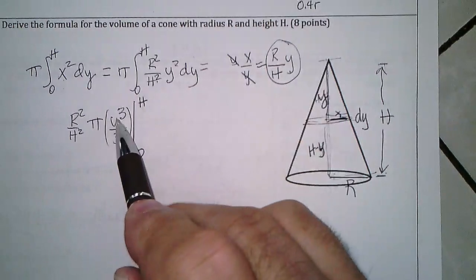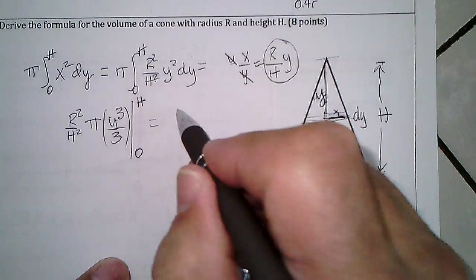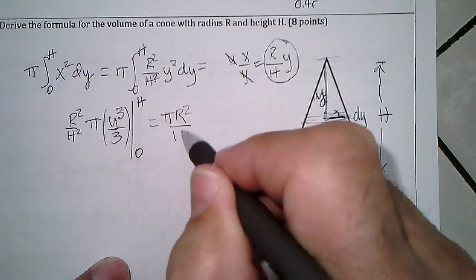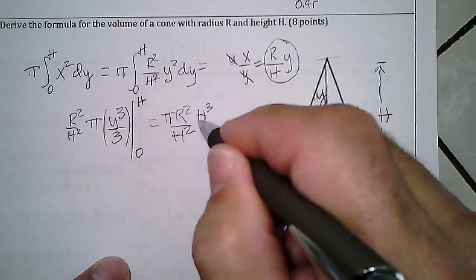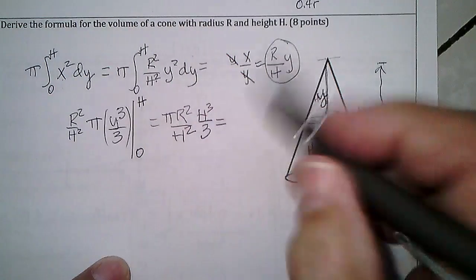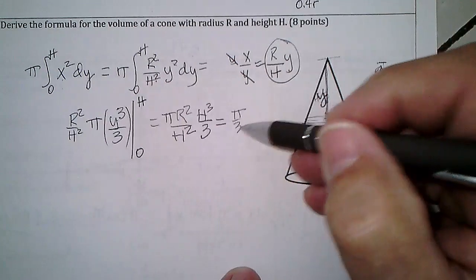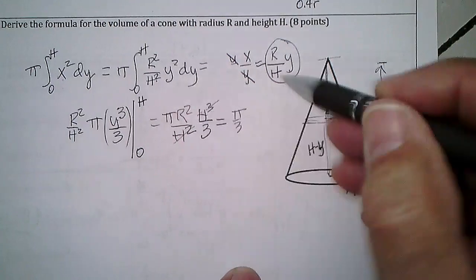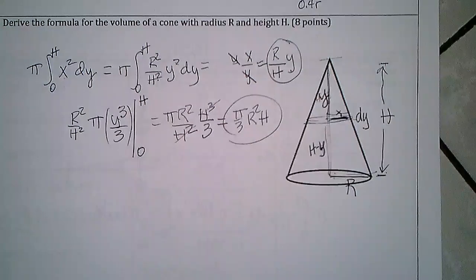And if I put h in here, I get h cubed, so I'm going to get r squared times pi over h squared, and then an h to the third over 3, and so I get pi over 3, or 1/3 pi r squared, and the h squared reduces this to just an h, r squared h, which is the formula for the cone.